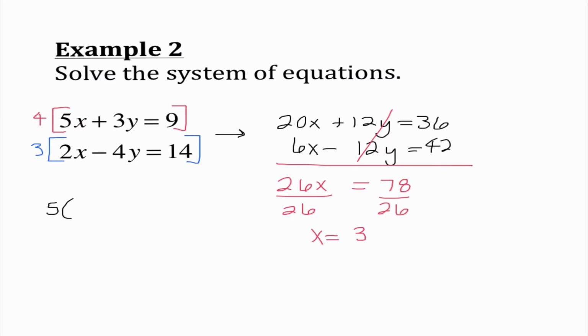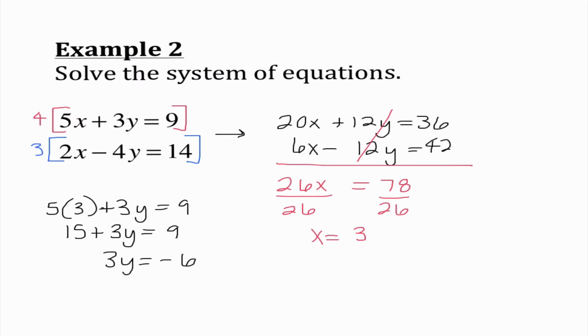But I want to stress to you guys that when we're using elimination, there is more than one correct way to go about doing it. So in this case, I get 15 plus 3y equals 9. When I subtract 15 from both sides, I get 3y equals negative 6. So y is negative 2. So my solution here is (3, -2).